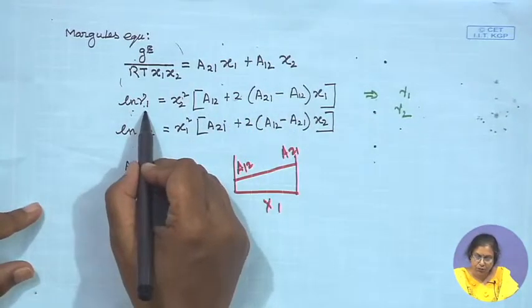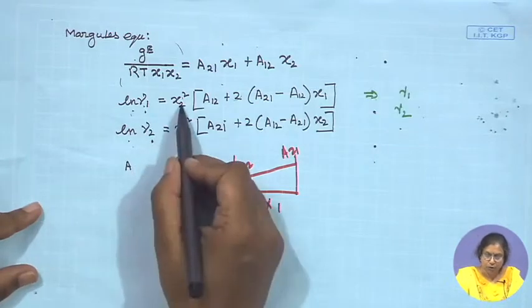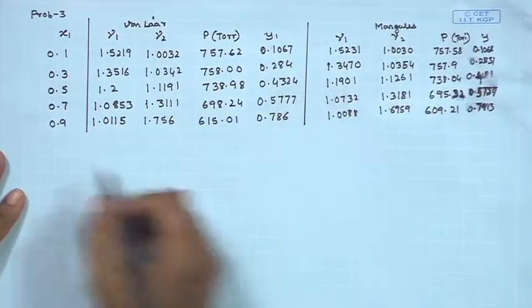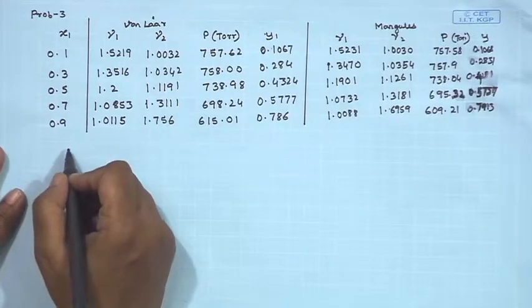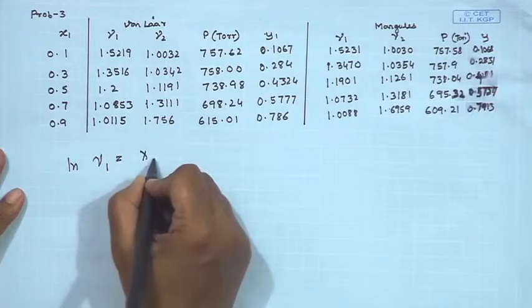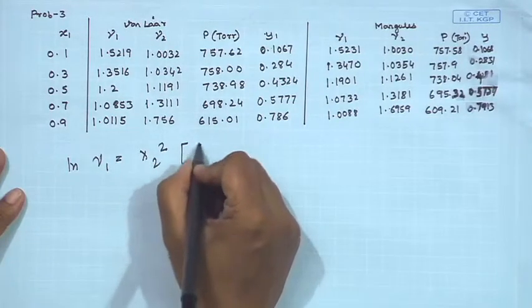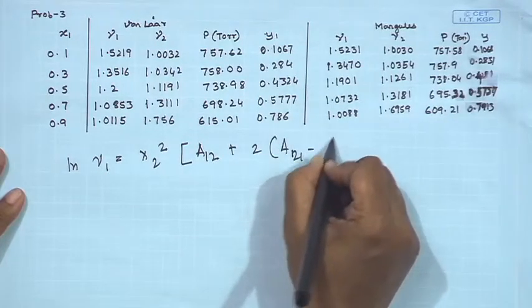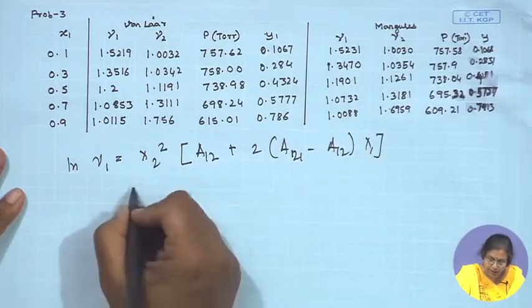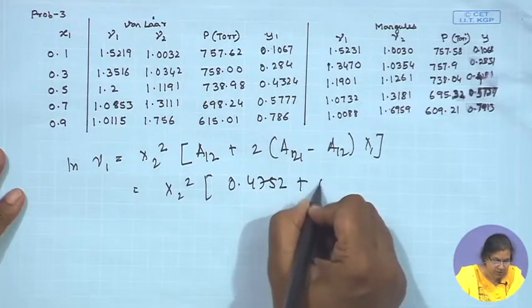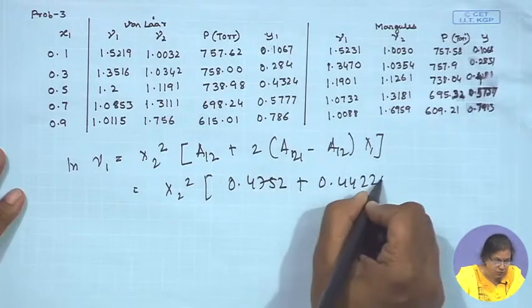We are now in a position to find ln gamma 1 and ln gamma 2 for different values of x2 and x1. This has been done here; we have repeated the same thing. For example, to find ln gamma 1, since it is A12 plus 2 into (A21 minus A12) into x1, this reduces to x2 square into (0.4752 plus 0.442224).